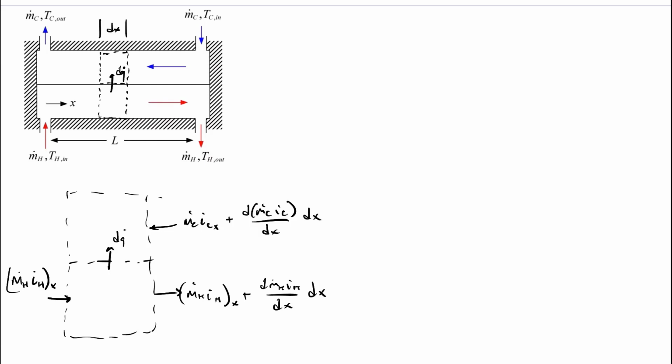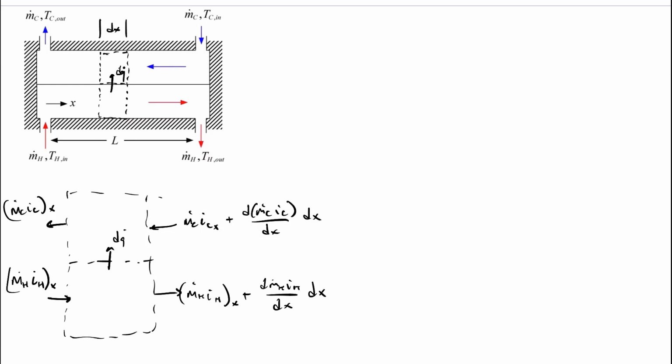So it's at the x plus dx position. We have to write it in the expanded form because it's at the dx position. Okay, but we've drawn the arrow going to the left, and then on this side we have m dot c i_c at position x.